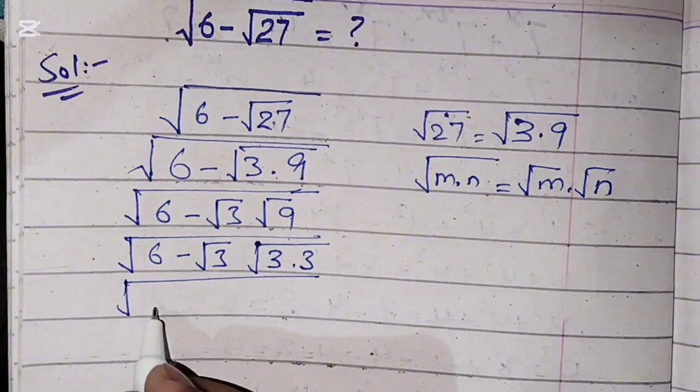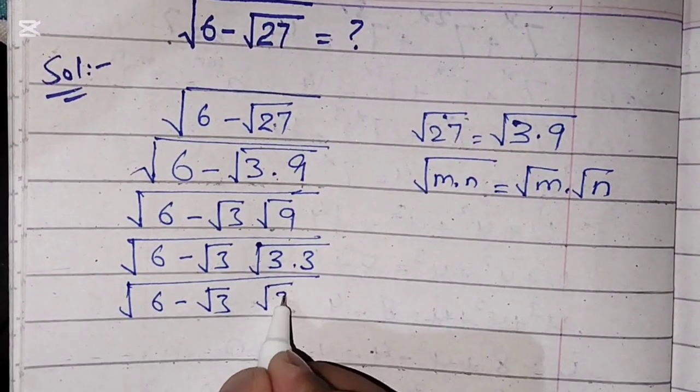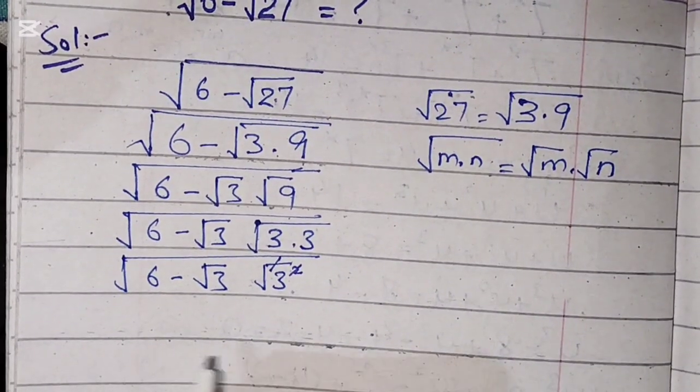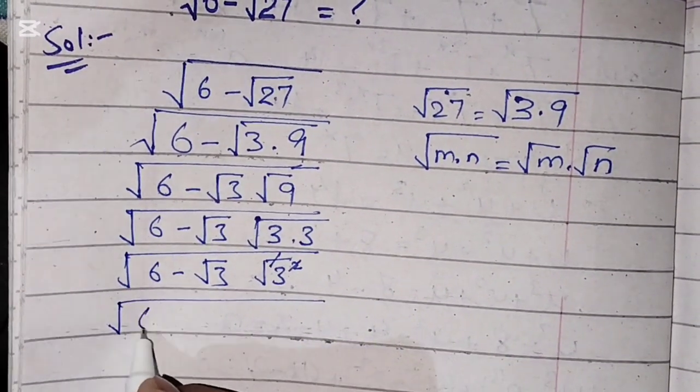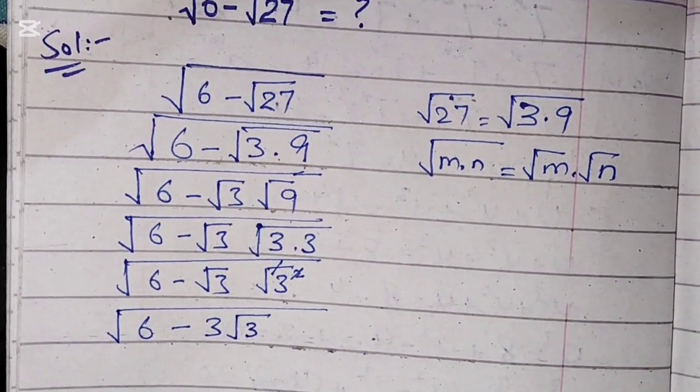Now the square root of 3 squared: the square cancels with the square root. We get square root of 6 minus 3 times square root of 3.